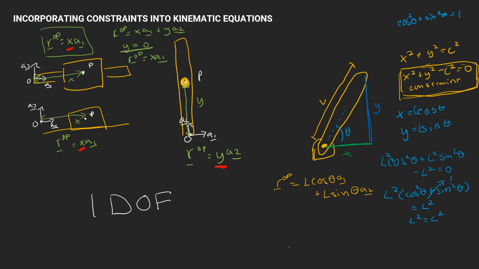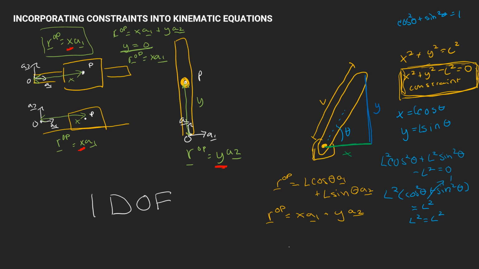Now you could do something fun. For instance, let's say we have r^OP, we define x a1, and now we have y a2. We can still incorporate this constraint without actually using theta. We just need an expression of y in terms of x in order to get rid of this variable.